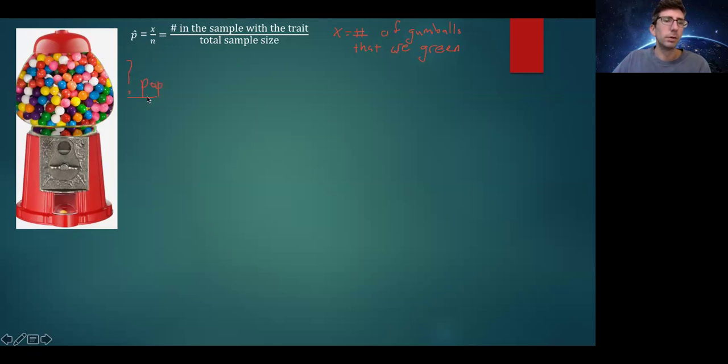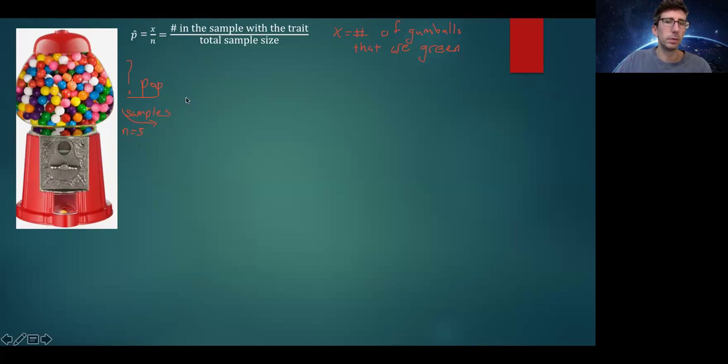Right, of gumballs. But from this population, we can take a sample, right, let's say we take a sample of size n equal to 5. So we take our first sample, and let's plot this out.